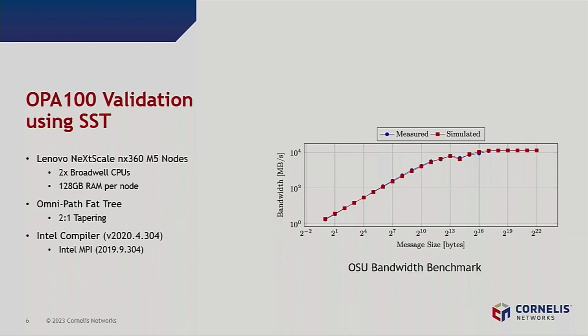This started off during my PhD, where I started to validate OmniPath, where we ran an OSU bandwidth benchmark. This benchmark sends lots of messages and then waits for the receives before doing it, which stresses an underlying part of the network hardware that a traditional latency or bandwidth benchmark wouldn't.